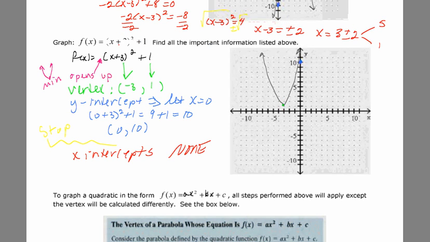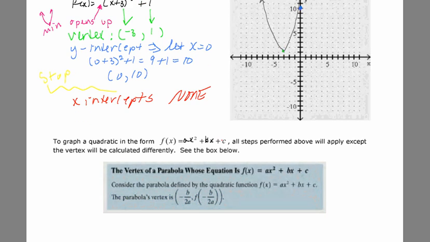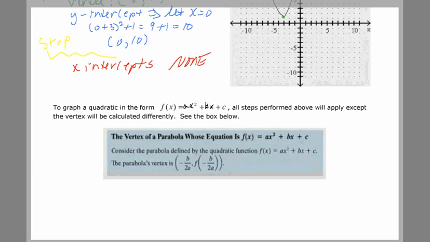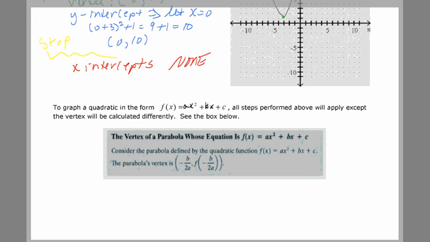Well, that's when our quadratic is in this standard form. When our quadratic is in this other form, the ax squared plus bx plus c format, we want to find all this information that we found above, but the vertex is not as easy. It doesn't drop out as h and k.